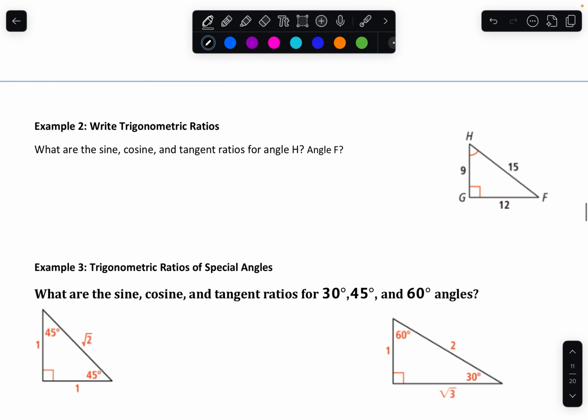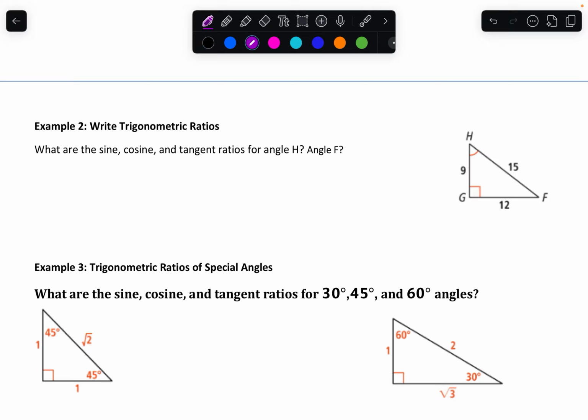So let's work a little bit more by hand before we get into those calculations. Let's come up with some more of these ratios to explain what we are looking at when we talk about sine, cosine, and tangent. So here it says, what are the sine, cosine, and tangent ratios for angle H and angle F?